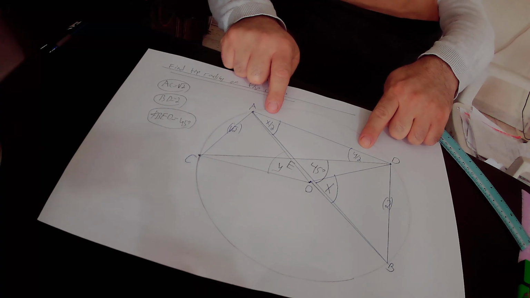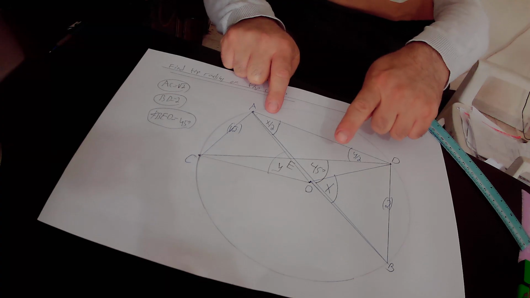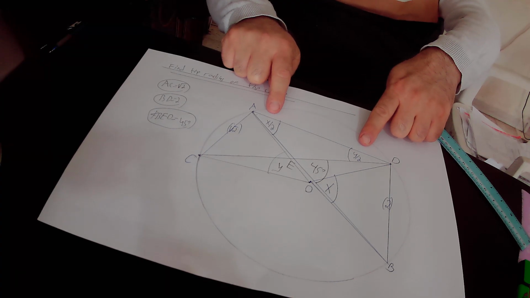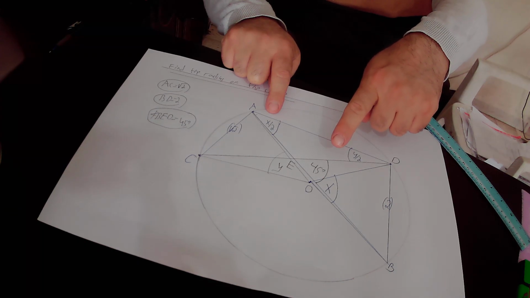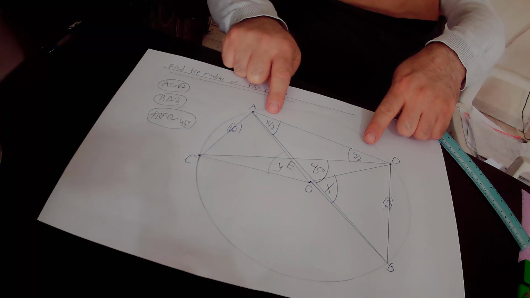So according to Rule 4, the exterior angle that is equal to 45 degrees in size must be equal to x over 2 plus y over 2.